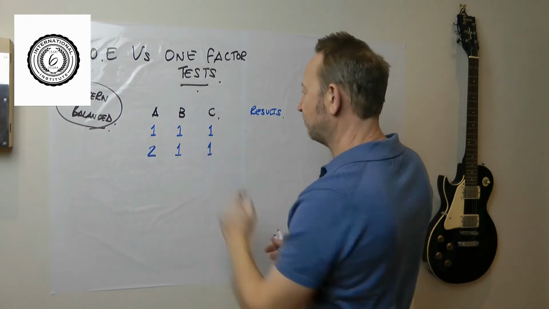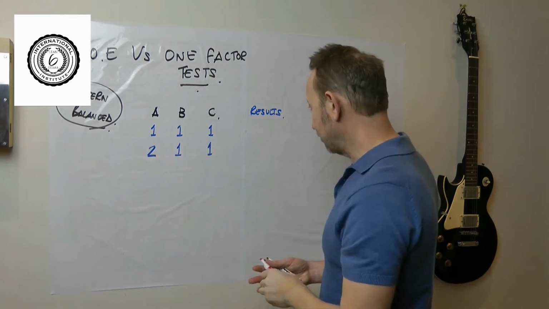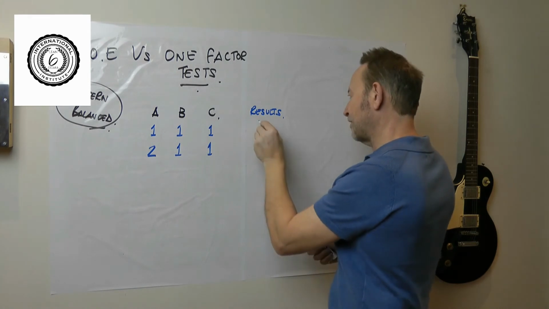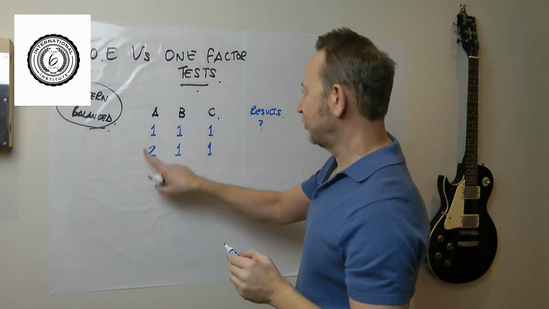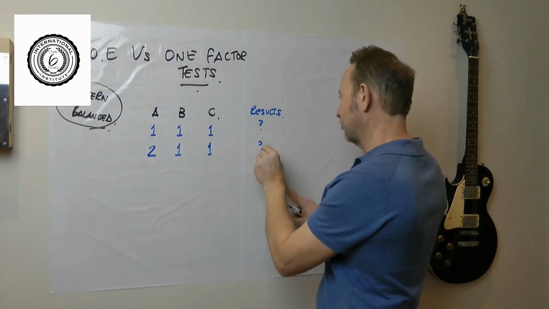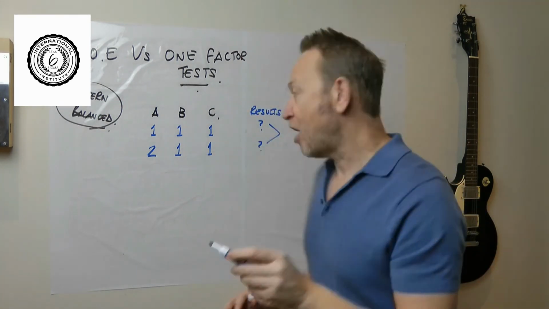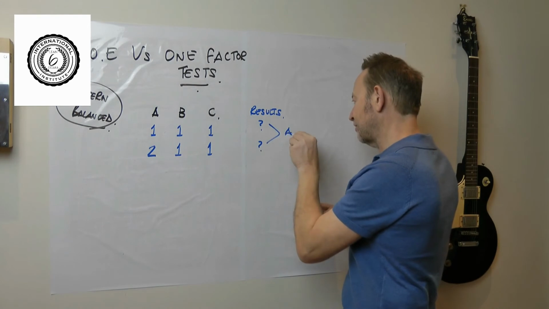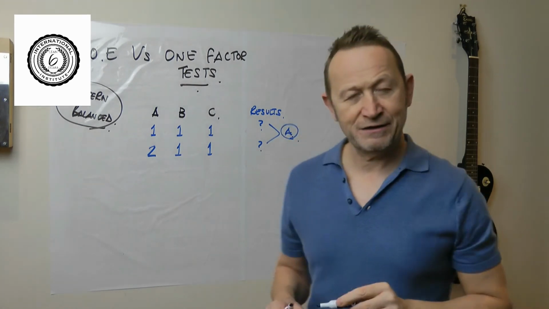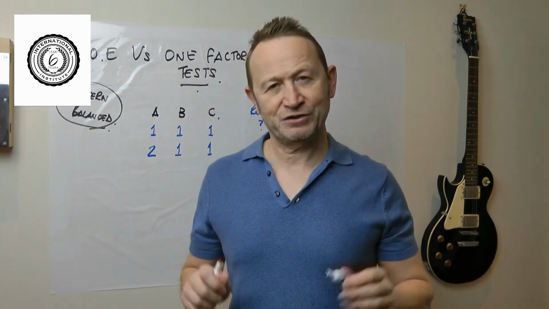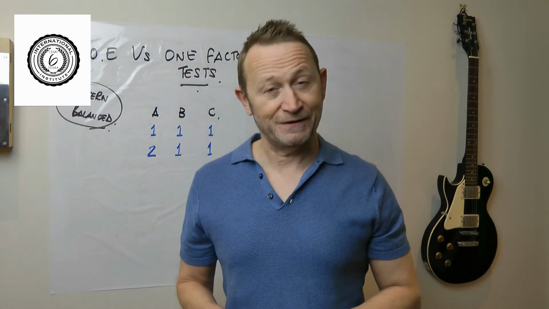So we'll set the pattern up as everything at the low, then we'll get a result, then we'll change A to 2 and we'll get a new result, and of course we'll analyse what's happened and we'll try and suggest A created that pattern change or created that difference in the results.